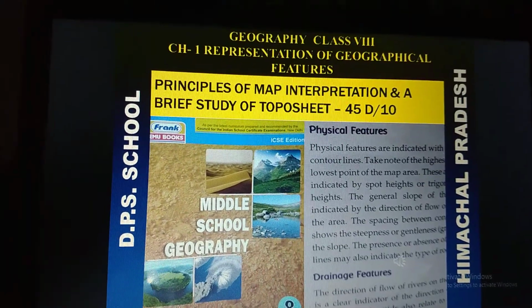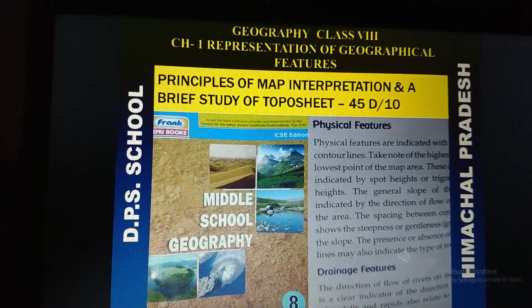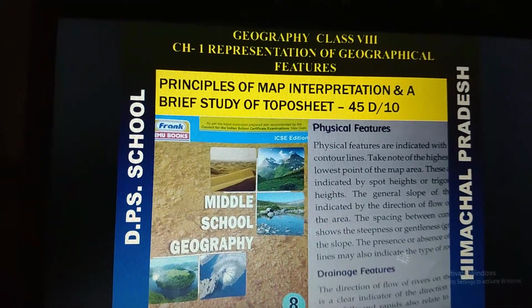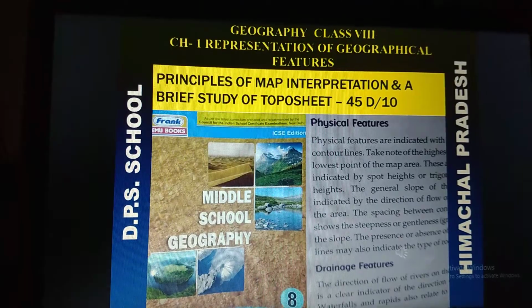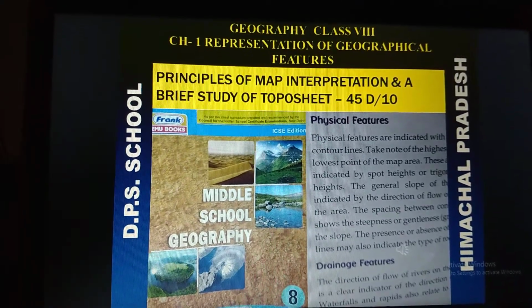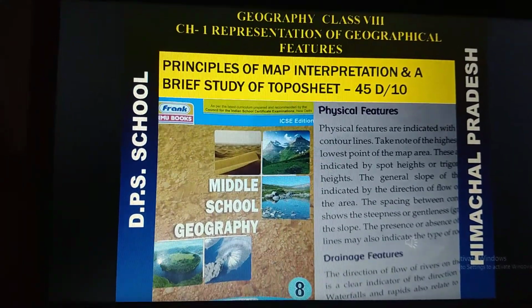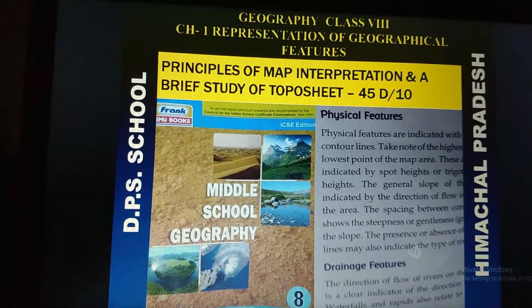We can see the information given of the area using signs and symbols, with the help of which we can interpret and analyze the given map.